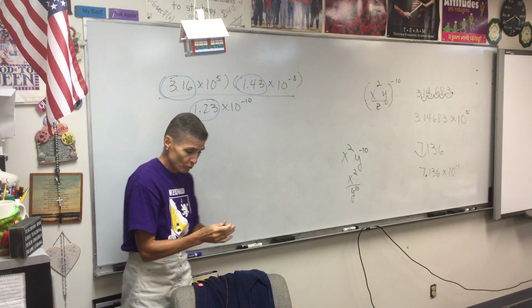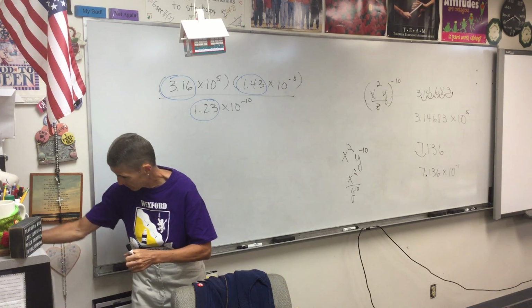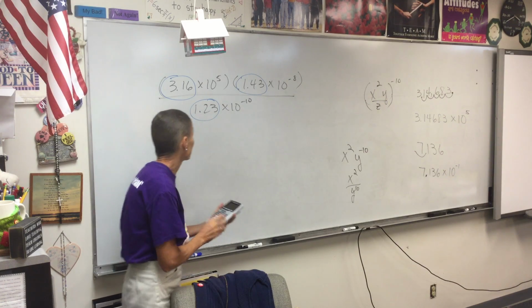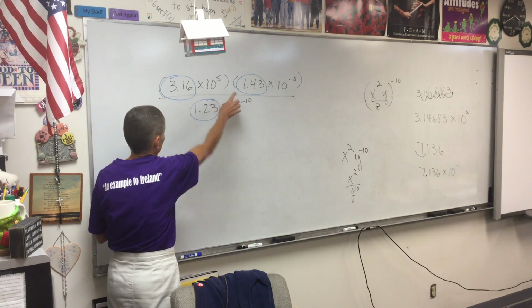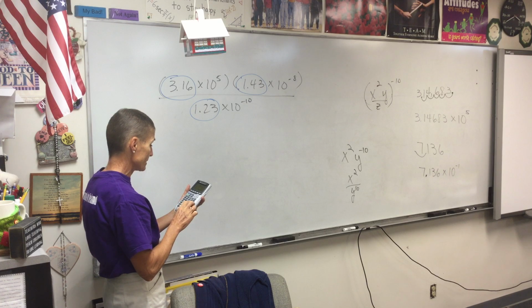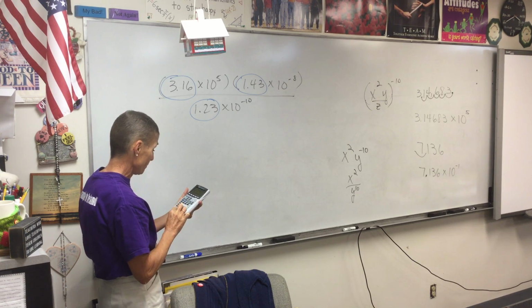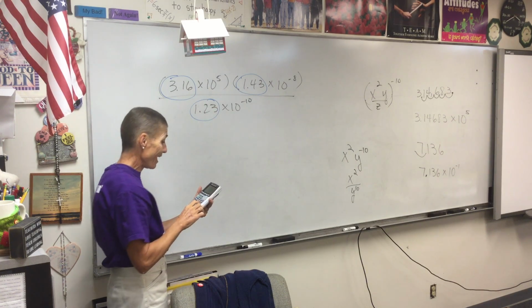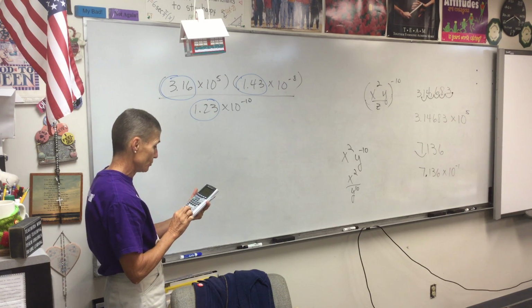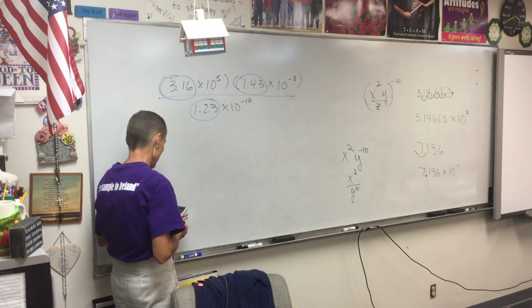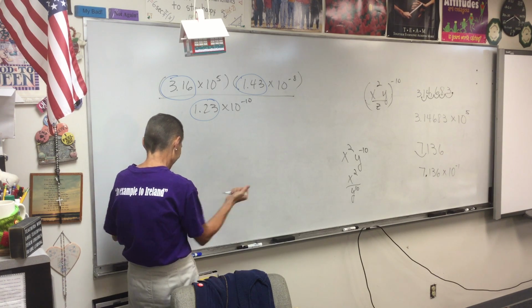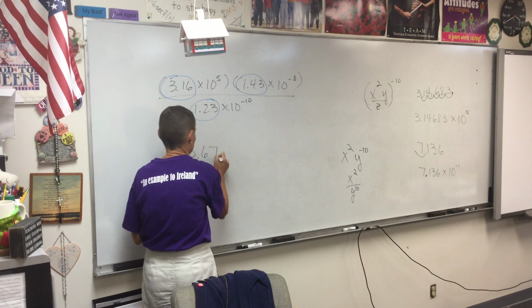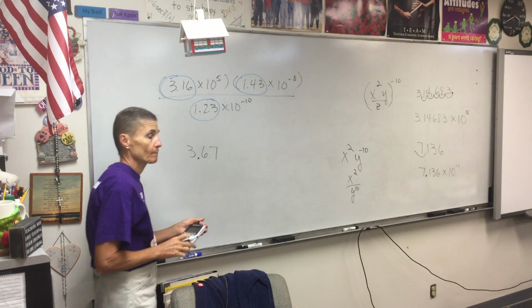So we'll just take out our trusty calculator and we'll multiply 3.16 times 1.43, and then we'll divide by 1.23, and I get 3.67 if I round it off.